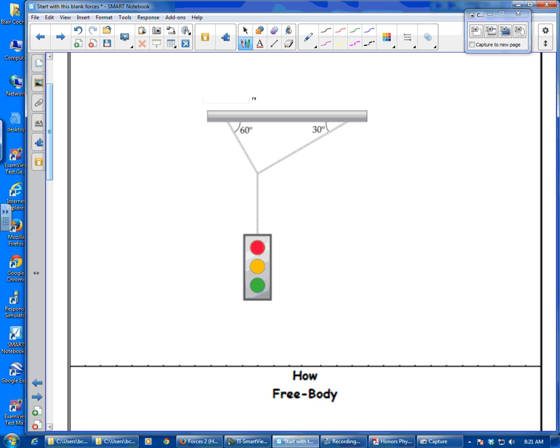So in this case, I'm going to center in on this junction here and put that there's the weight down, F_T and F_T. Do I think those are the same values? No. So I'm going to label this F_T1 and this one F_T2.